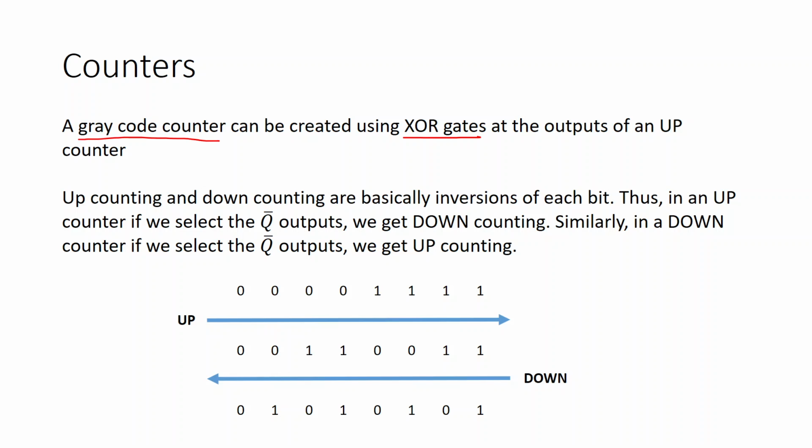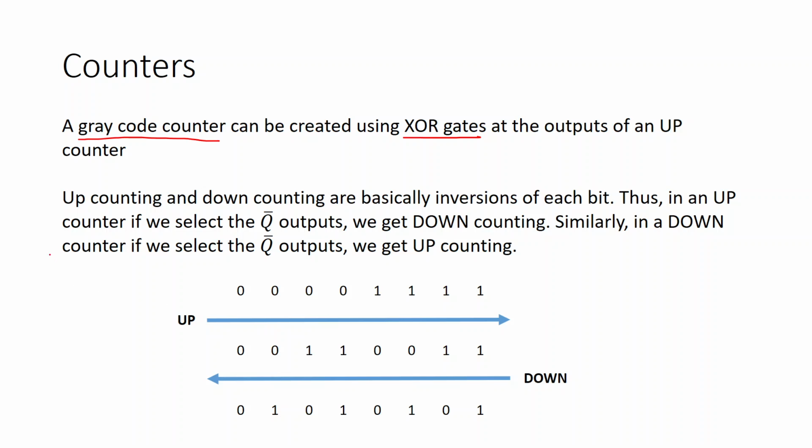We connect the XOR gates at the outputs of an up counter in the manner we have understood: the MSB remains unchanged, and afterwards every two successive bits are connected to an XOR gate to form the successive bits.